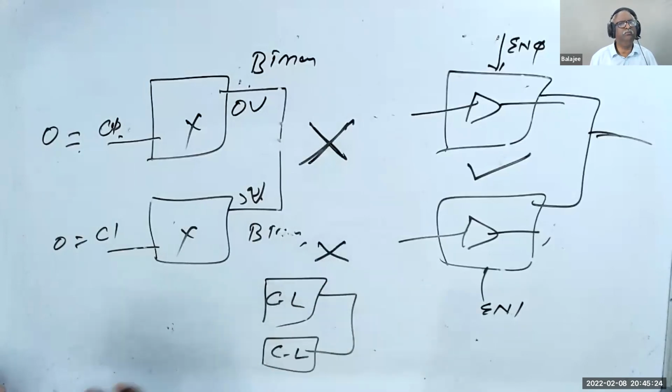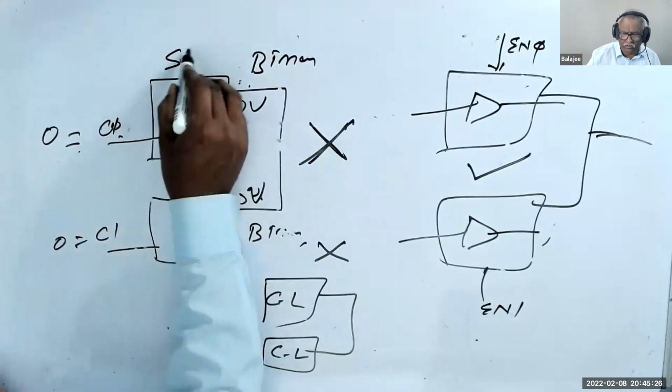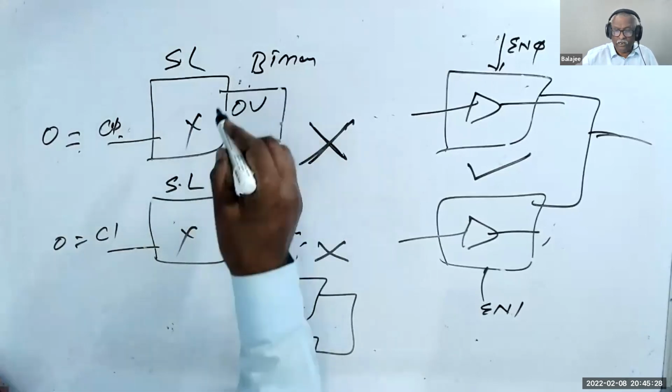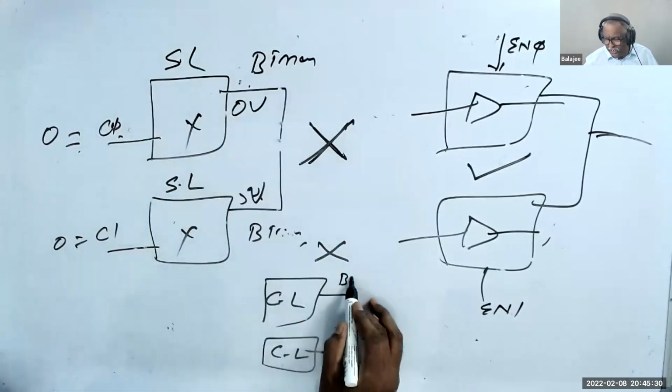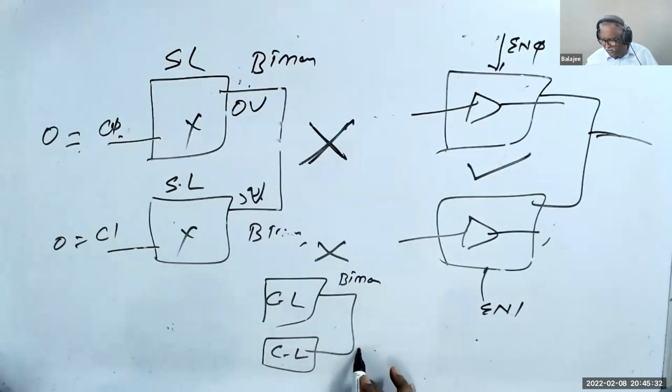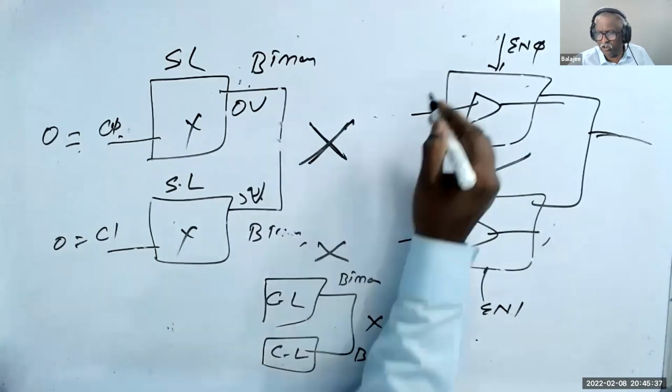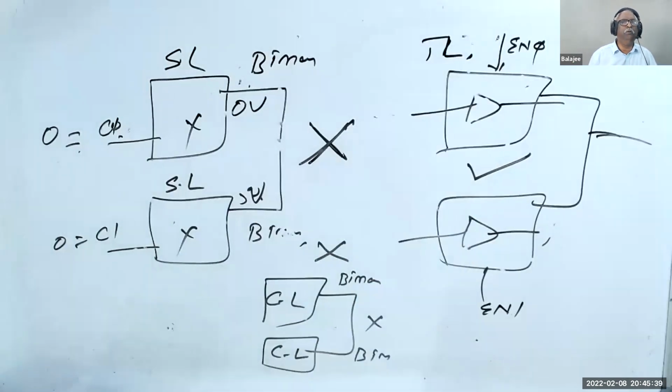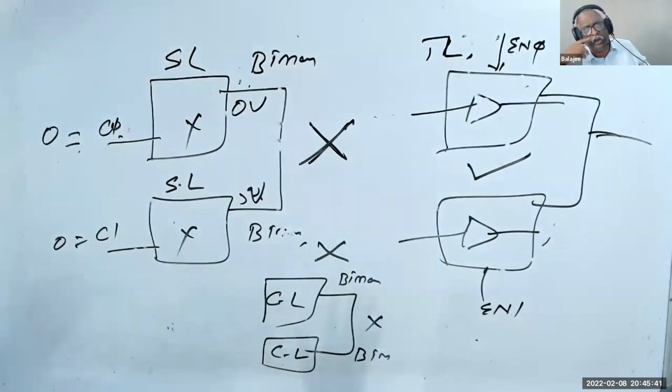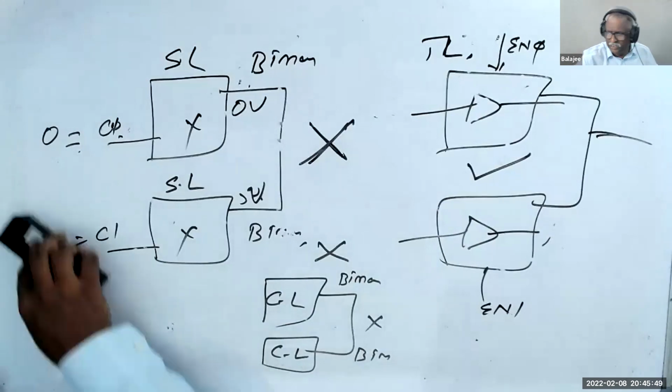This is wrong, and 2 sequential logic too, because the sequential logic output is binary, and combination logic output is binary. But this is possible with tri-state logic. You'll be very surprised: only these 3 logics are going to be used in all our future products. Nothing more than that.